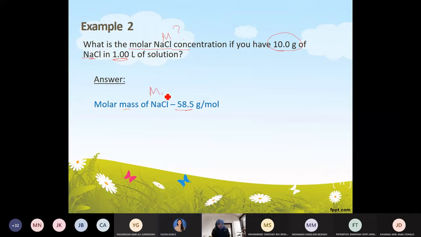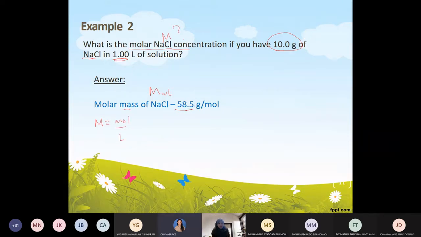So, maknanya ini tadi molar mass, molecular weight. Dia nak molar, so means M juga. So, mol per liter.